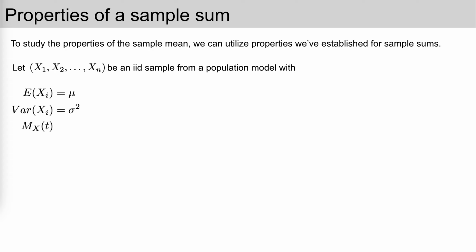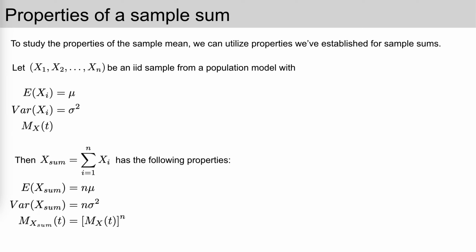In general, suppose we take an IID sample x1, x2, up to xn from a population with the following properties. Each individual xi in the population has an expected value of mu, a variance of sigma squared, and moment generating function mx of t. Then we've shown previously that the sum of the n sample values has the following properties.